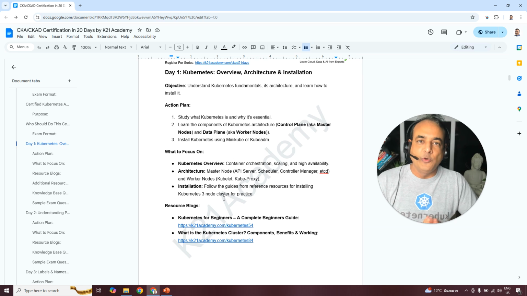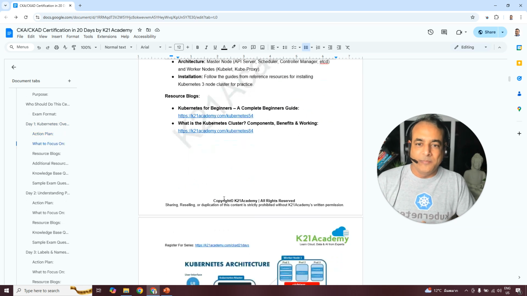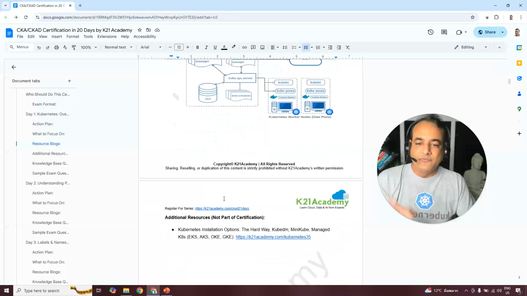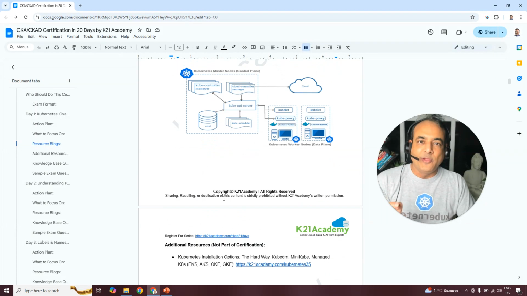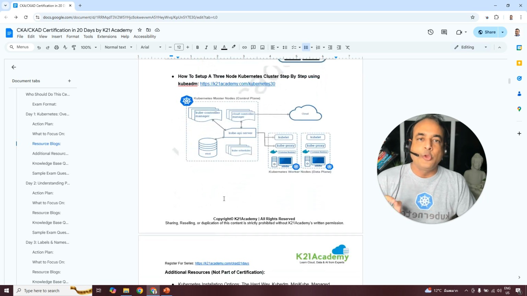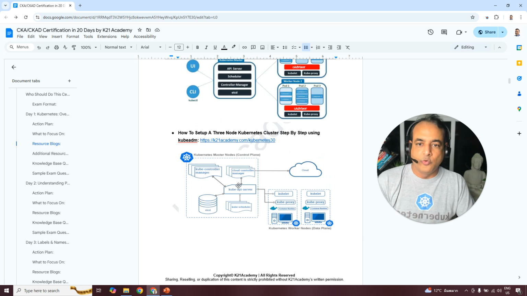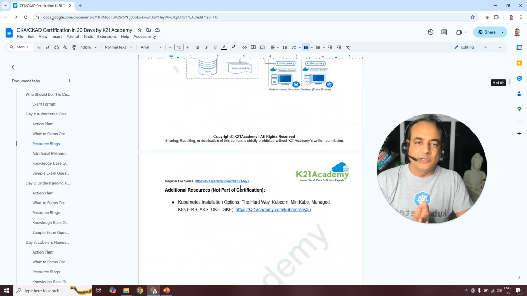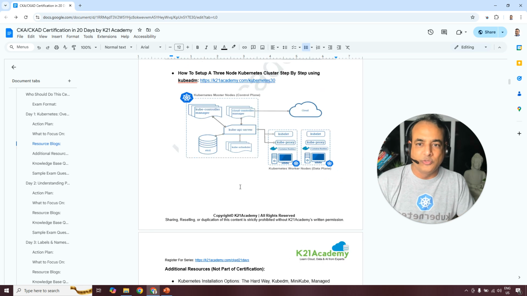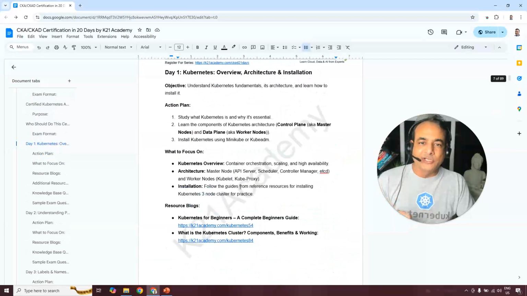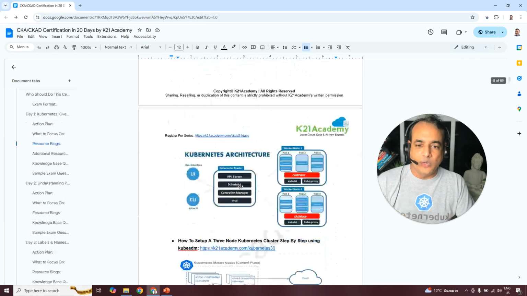If you don't have the appetite for a multiple node cluster, we're also going to look at deploying Minikube, which is a development version of a Kubernetes cluster, or you can deploy it on managed Kubernetes, Kubernetes on the cloud, on AWS, Azure, or Google of your choice. I'll share some documentation links. We'll go deeper into Kubernetes architecture, installation, and the various components on day one.